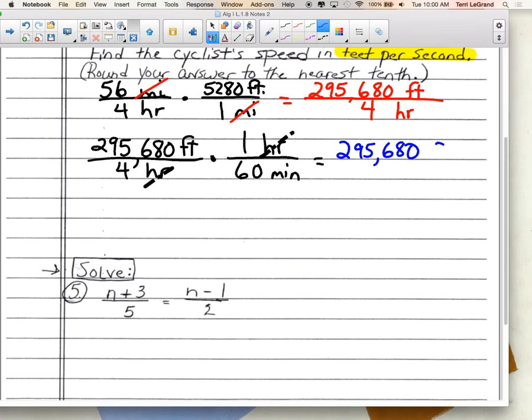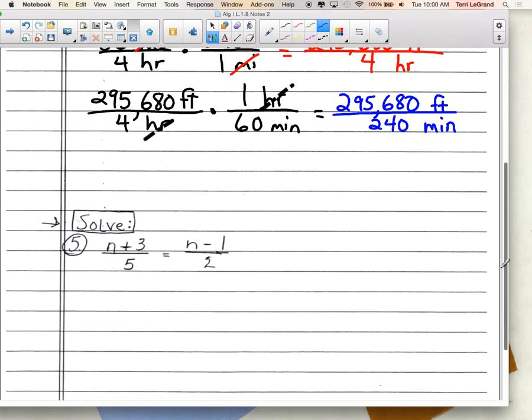They're still feet. 4 times 60, 240, and those are minutes. So if we divided it out right now, 295,680 divided by 240, what would our label be? Feet per minute. We would have a unit rate of feet per minute. Is that what we want? No, so we're still not done.